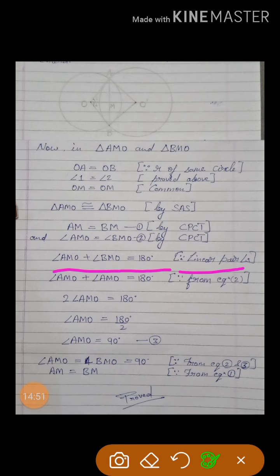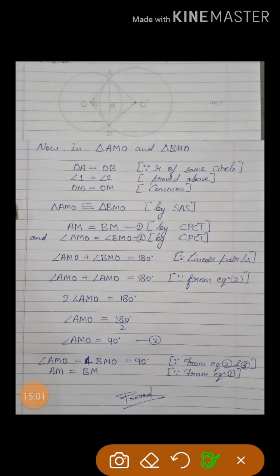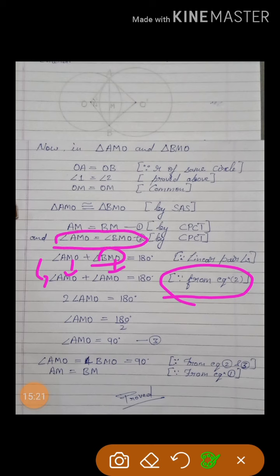We have already written that angle AMO is equal to angle BMO, so in place of BMO we are writing AMO, because from equation number 2, angle AMO and angle BMO are equal.